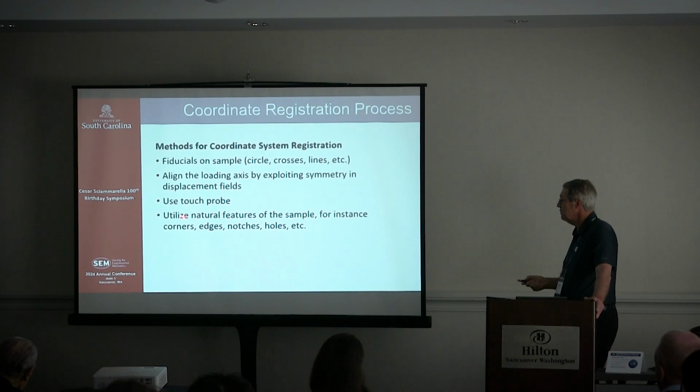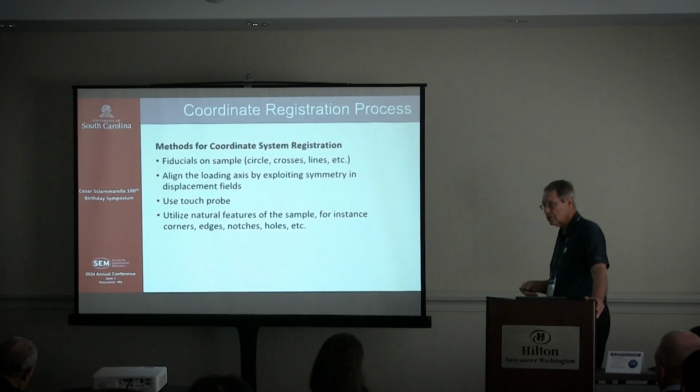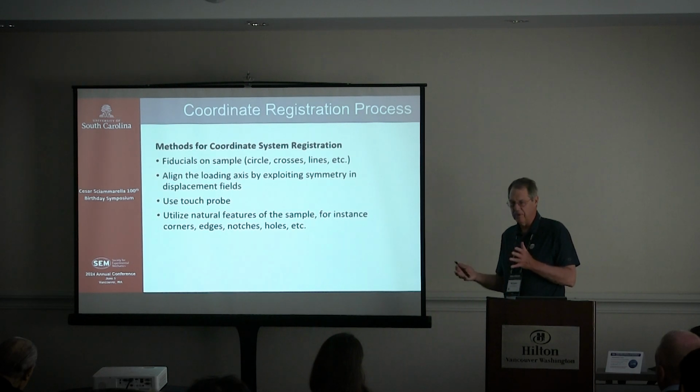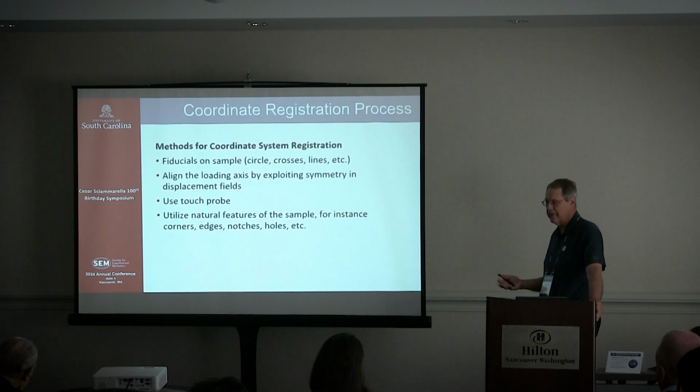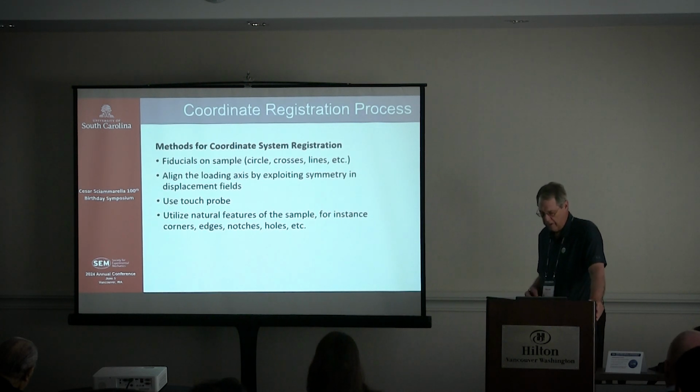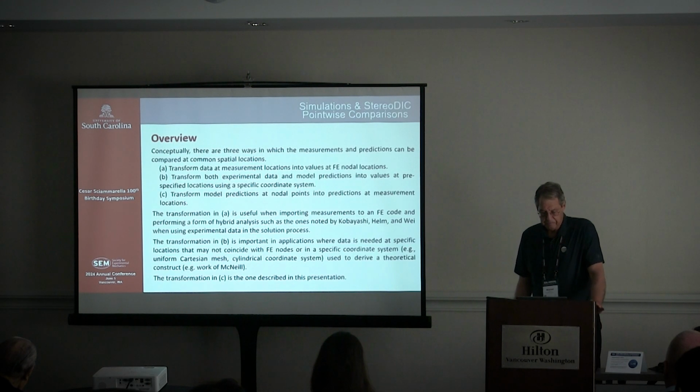And most commonly used are natural features, corners, edges. You need several of them. You can't just pick one. You got to have several, as you all know, so you can get the proper rotation and the proper transformation, in this case translation, so that it's as accurate as possible to match them up. So all of these are feasible and have been done in a variety of areas.